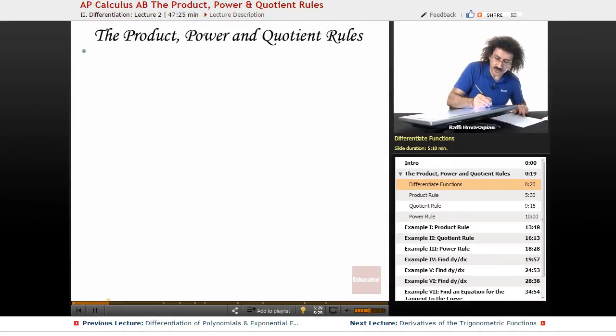So our product rule. I think I'm going to go back to black here.